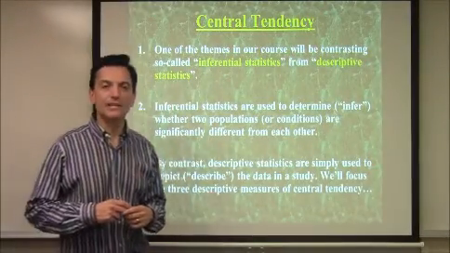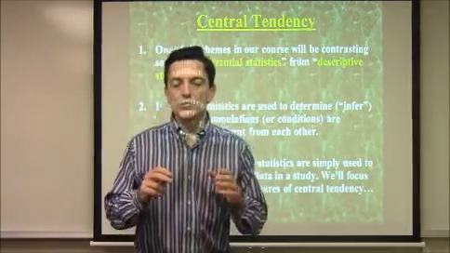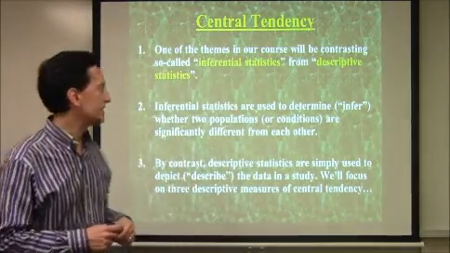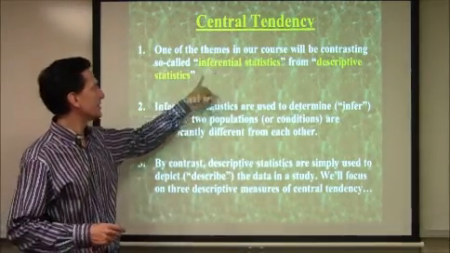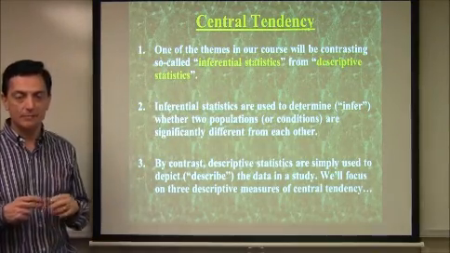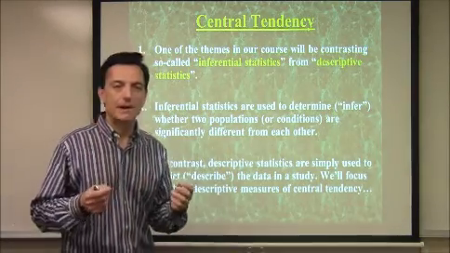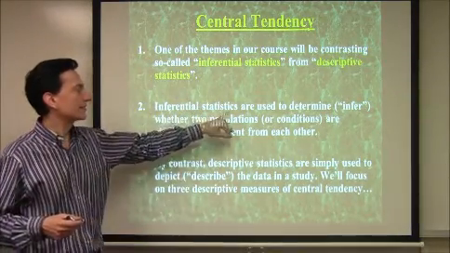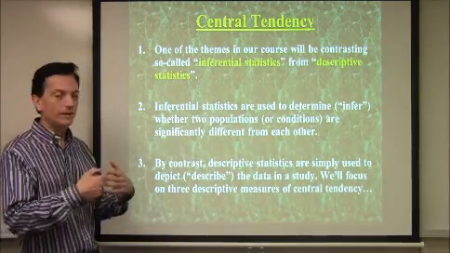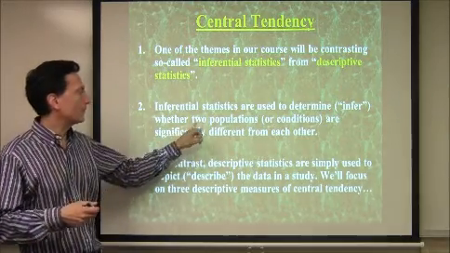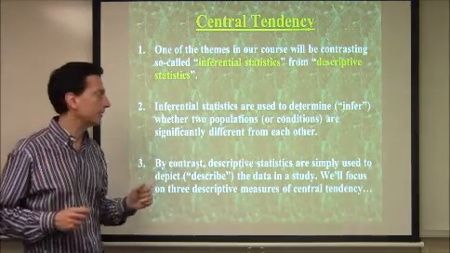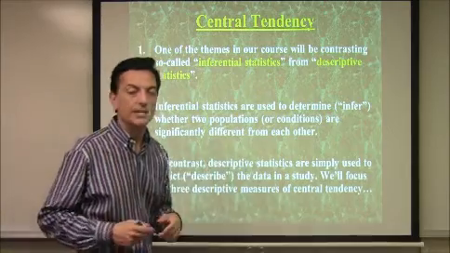Okay, so as we mentioned in a prior video, we have two broad classes of statistics. One is called inferential statistics and one is called descriptive statistics, and we'll be focusing on descriptive statistics. Just to remind you about the distinction, inferential statistics are used to infer or draw a conclusion about whether populations, maybe two different populations, are significantly different from each other.